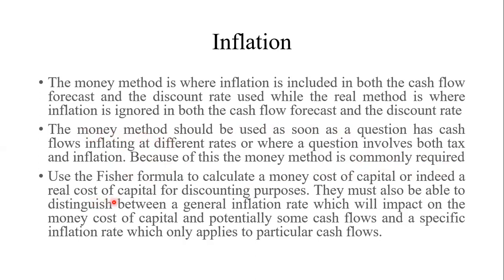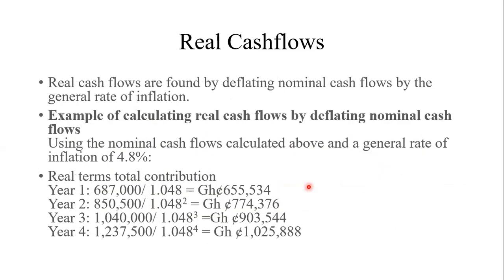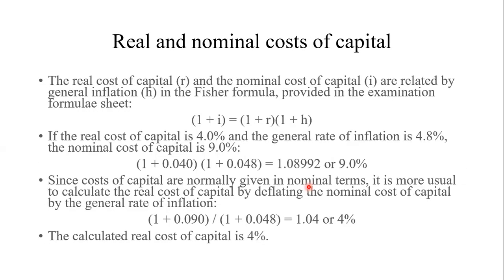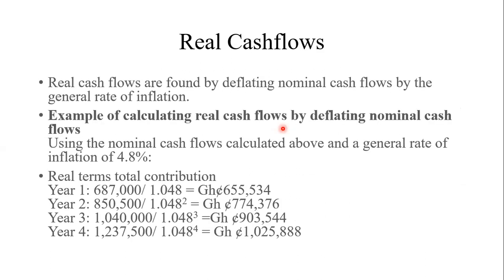All right. You also use the Fisher formula to calculate a money cost of capital, or indeed a real cost of capital for discounting purposes. So let's remember the Fisher formula. 1 plus I is equal to 1 plus R, in brackets, multiplied by 1 plus H. Okay, that's the Fisher formula.